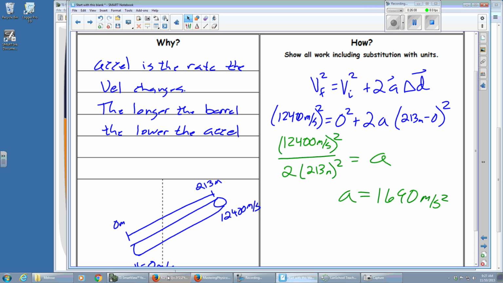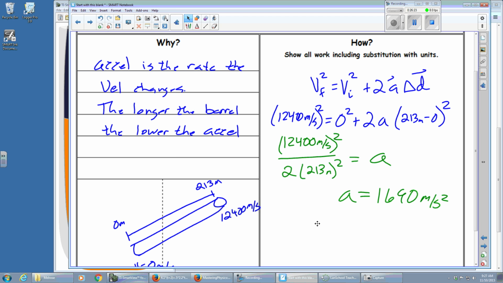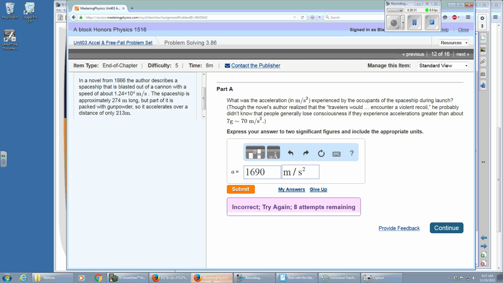All right, that one. Nope. No, because the 2 is multiplied by A and multiplied by the 213. Put down a number. Yep, 215. Okay, this is where it's being a pain.